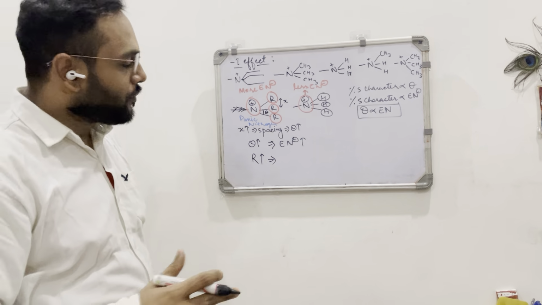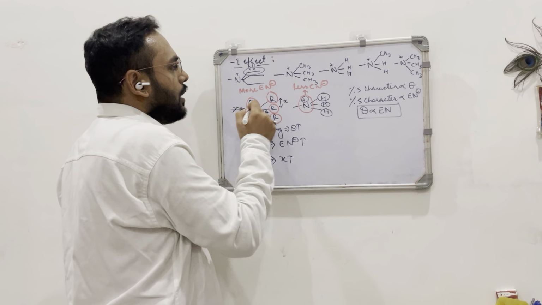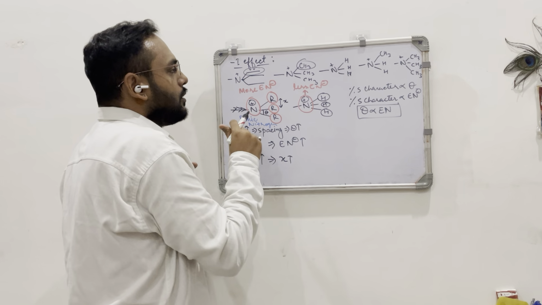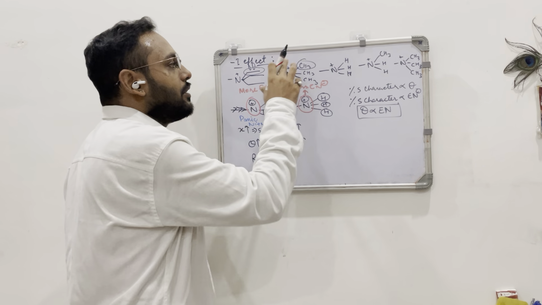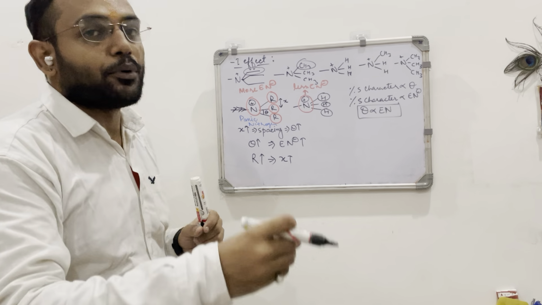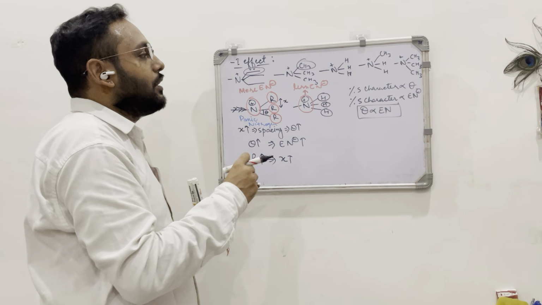So combining these factors, I can certainly say that when ethyl group is attached, and when methyl group is attached, this ethyl one will have more electron withdrawing nature than the methyl one. If it would have been propyl attached, then propyl would have been the largest one.